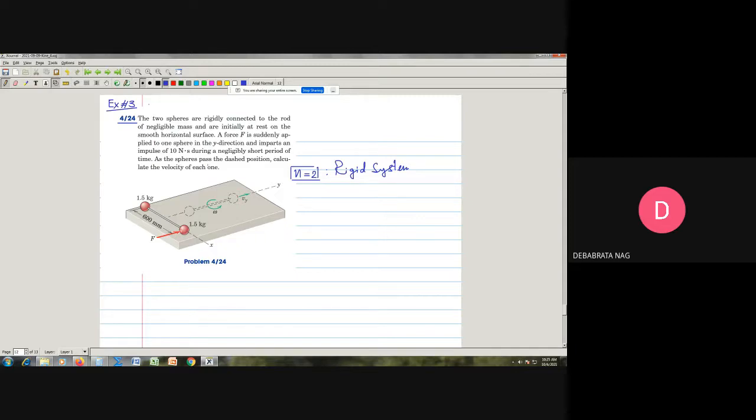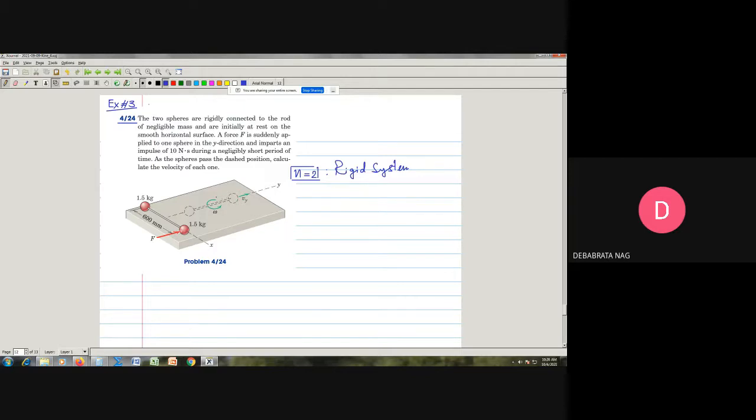Now, as the spheres pass through this dashed position, so this is the initial position of the system and this is the final position of the system, we need to calculate the velocity of each of the spheres.